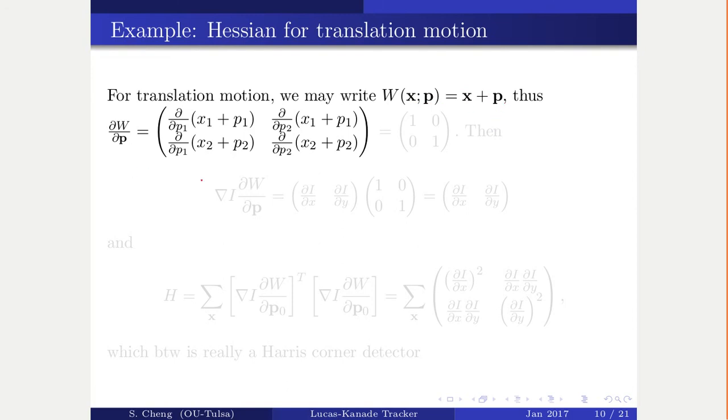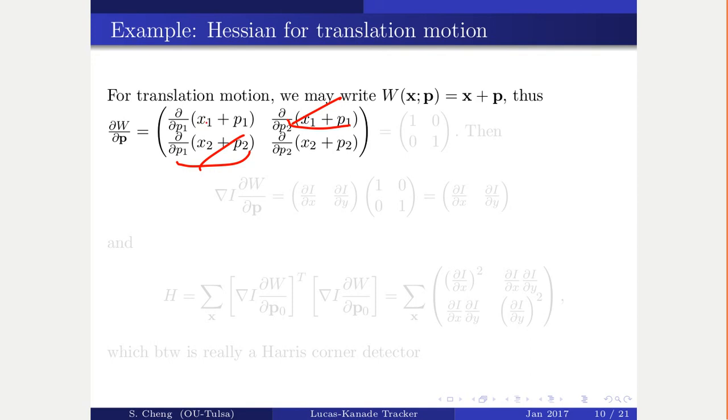If I want to find the Jacobian, then it will be something like taking the partial derivative of x1 plus p1 with respect to p1, and then the partial derivative of x1 plus p1 with respect to p2, and so on and so forth. Note that this off-diagonal term here is 0, so x1 plus p1 does not depend on p2, and x2 plus p2 does not depend on p1, so it's gone.